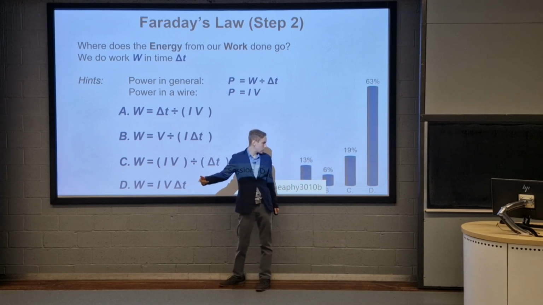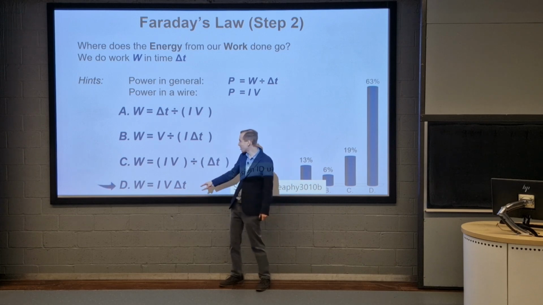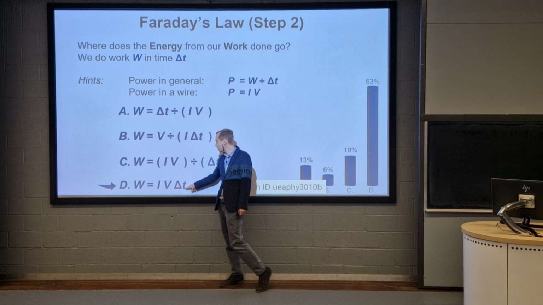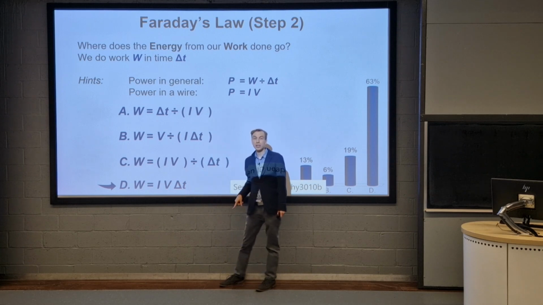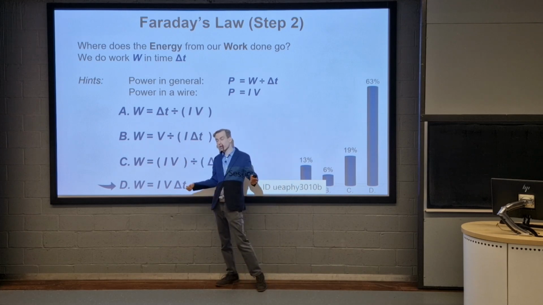So where's the thing coming up? There we go, got there eventually. So work is current times voltage times our delta T, so how long it took to move the wire. So if we come and do this work of moving the wire, this is what's going to be the effects of the current and the voltage in the wire.